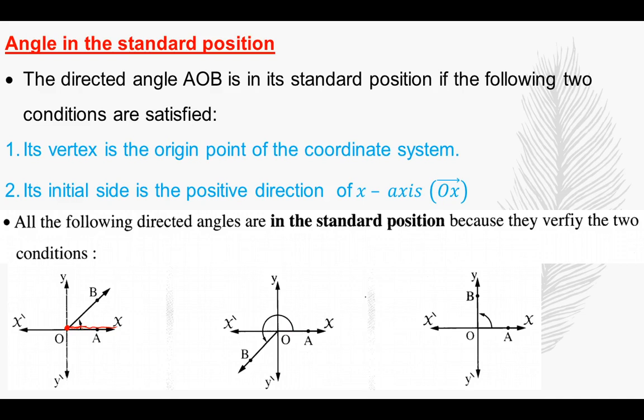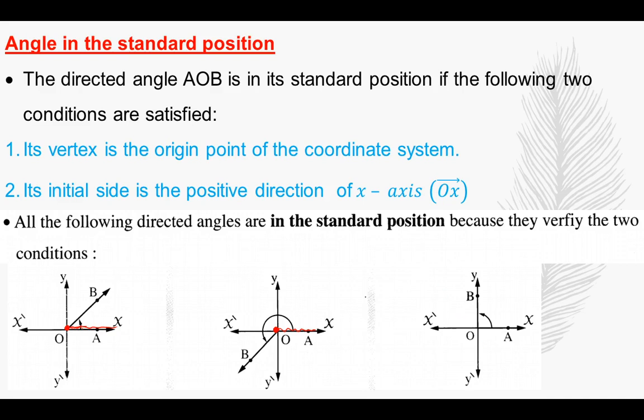In figure 2, you can see that the angle's vertex is the origin point, and the initial side here is the positive direction of the x-axis, and this angle is called angle AOB. This angle is a directed angle in the standard position.